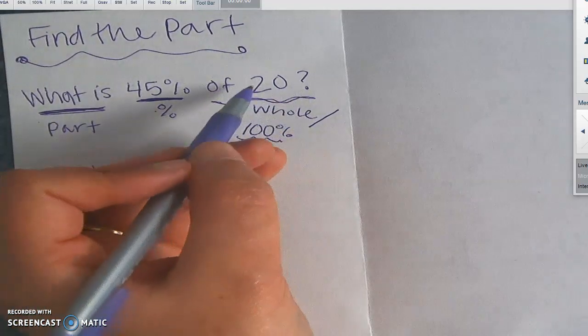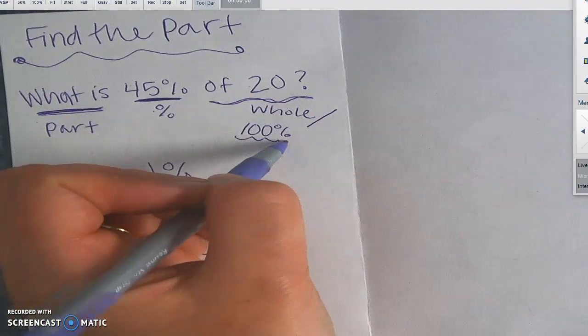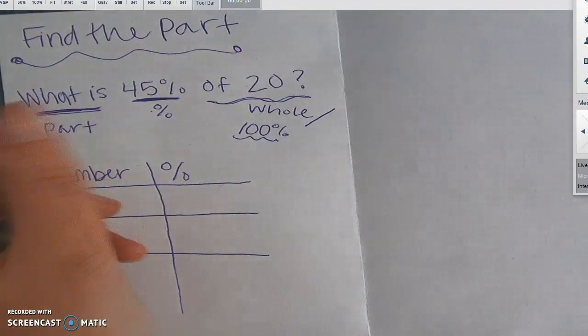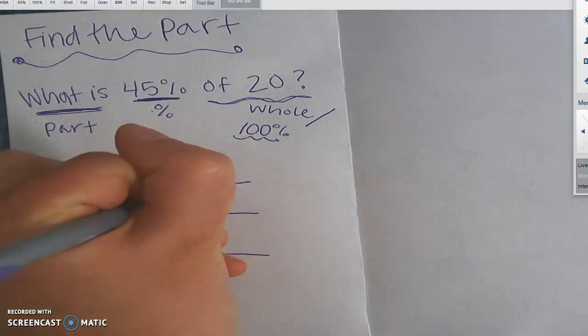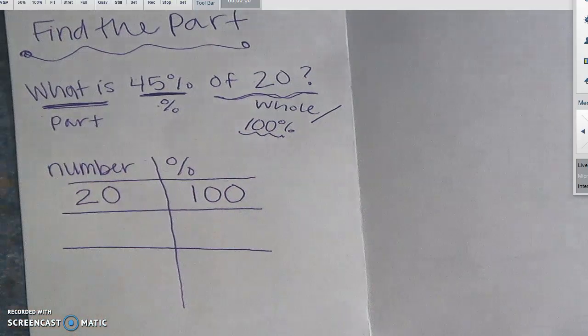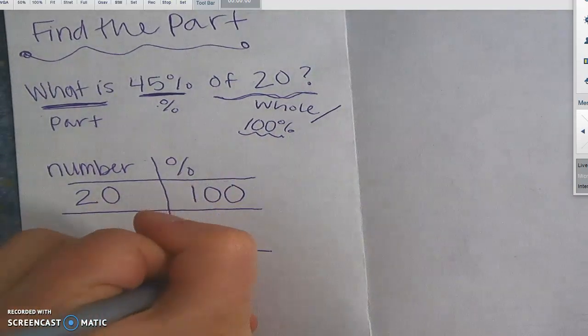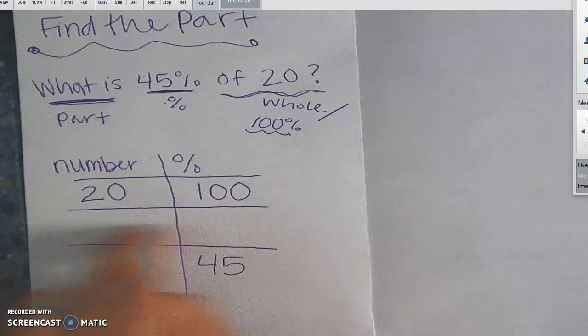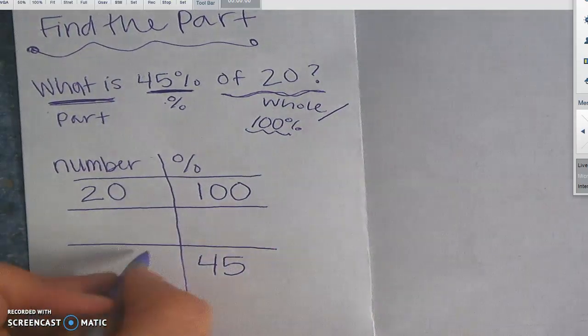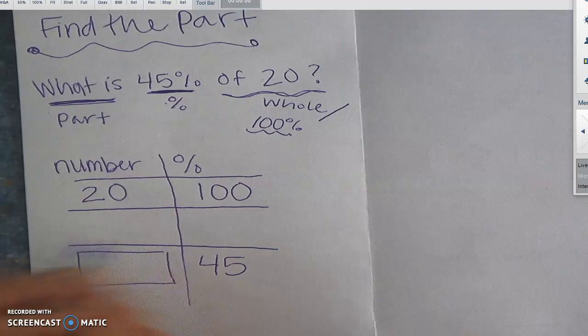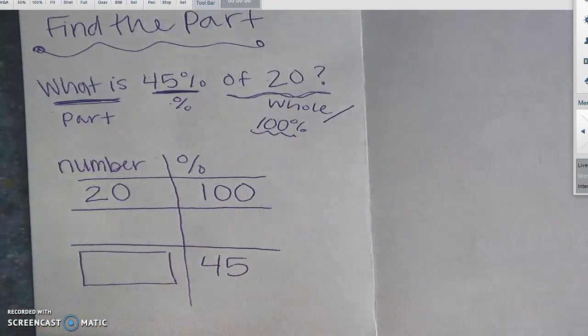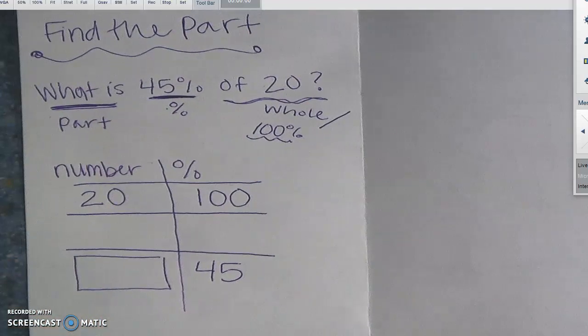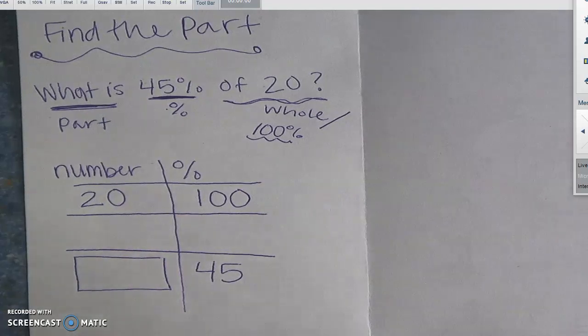But I do know that 20 is my whole, so it's my 100%. So 20 is my number that goes with 100%. And the other piece that I know is 45%, so I'm going to put it on the percent side. I'm leaving a space because in between I'm going to find 1. And this number that goes with 45%, that's what I'm missing, so I put a box there to help me remember that's what I'm looking for.